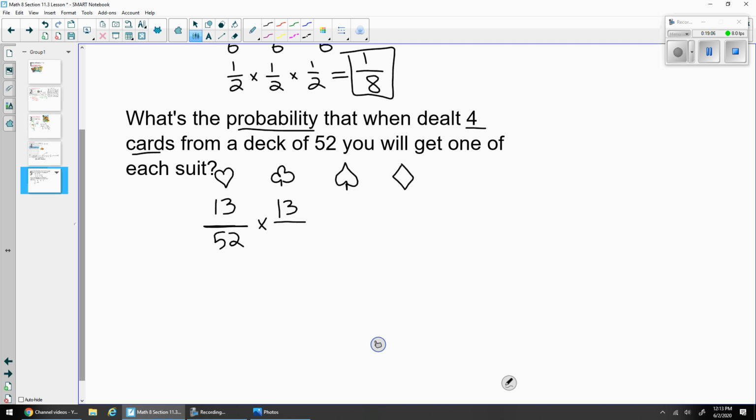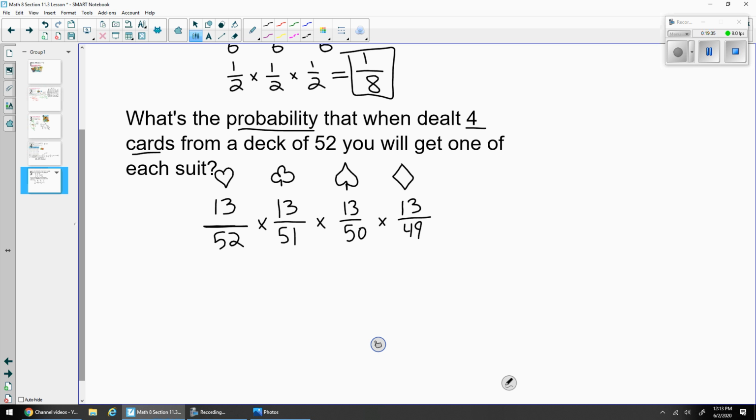You had a 13 out of 52 chance of getting a heart. Now that you've already been given a card, you have a 13 out of 51 chance of getting a club. Getting a spade, since you've been given 2 cards, you have a 13 out of 50 chance of being given a spade. And a diamond, you have all the diamonds still left in there. You've been given 1 of each of the other suits, but you only have 49 cards left in the deck.